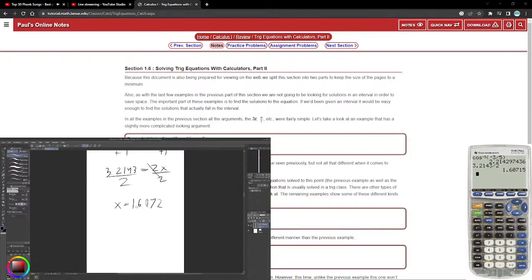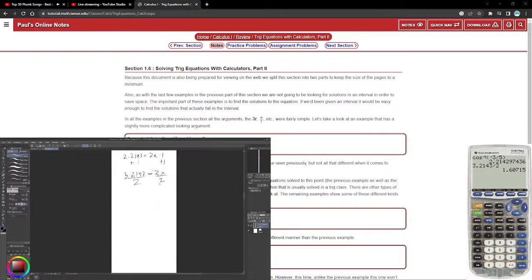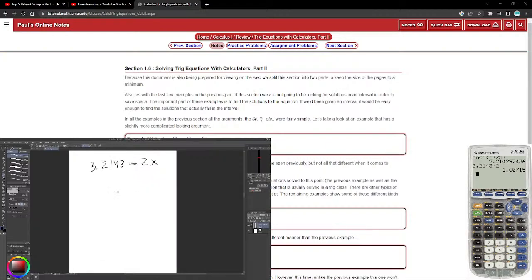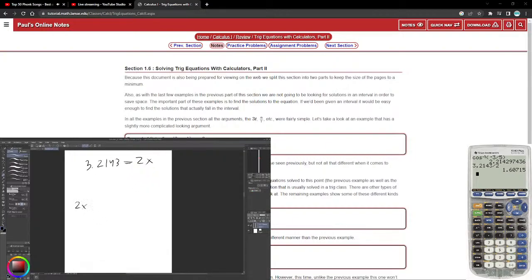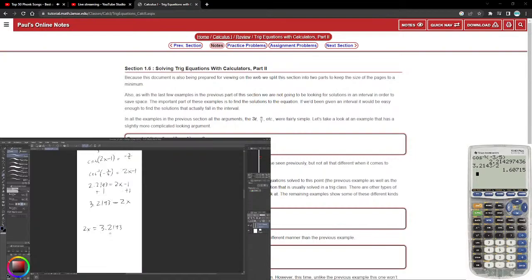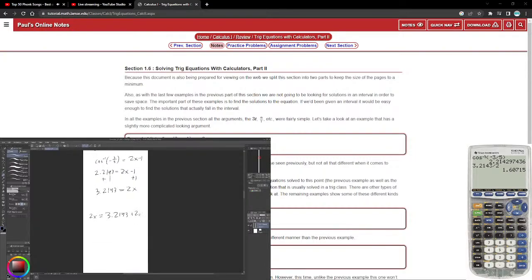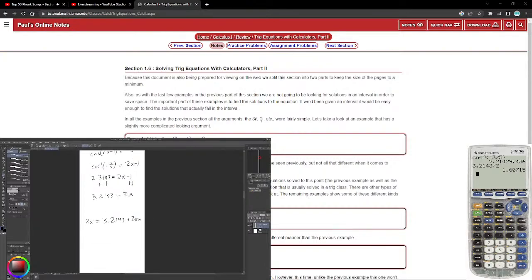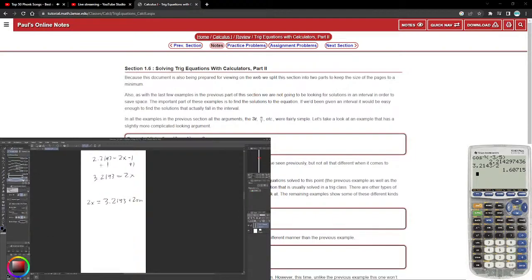So, wait, we don't want to divide by 2 yet, actually. So 2x equals 3.2143 plus 2 pi n. So this is a cos and it's negative. Draw out the unit circle.